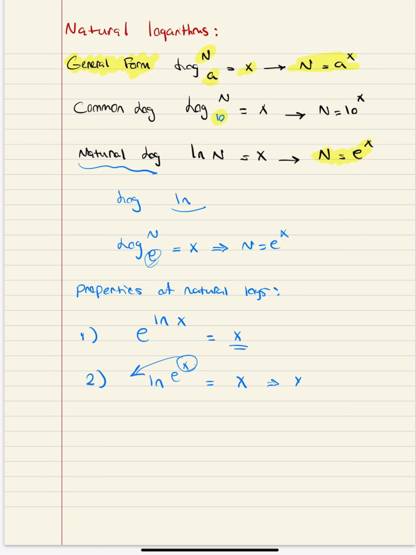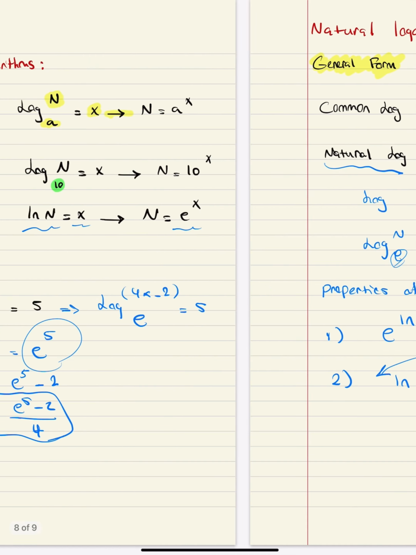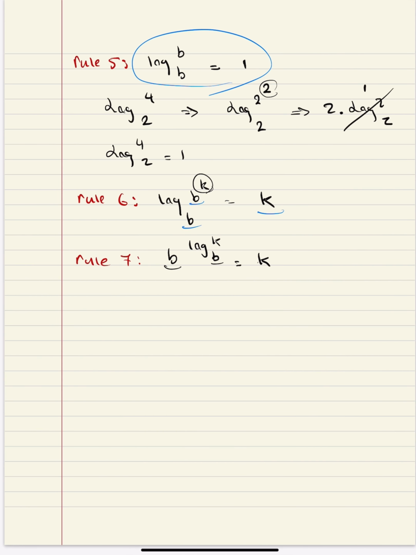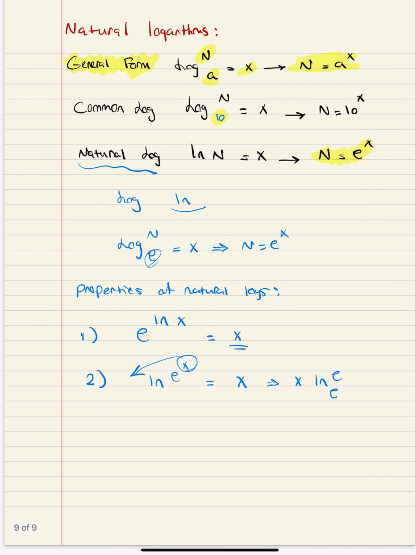So it would be x ln of e, but we already know ln of e is already the base e. And one of the properties of logarithms that we discussed in our first video is that if we have the logarithm of some number b to the base of that same number, the result would be 1. Therefore, we could further simplify this expression as x multiplied by 1, which would be x.